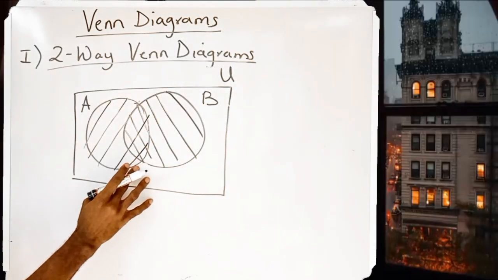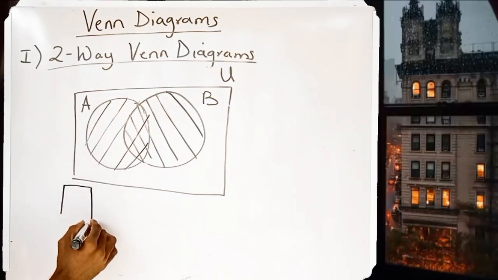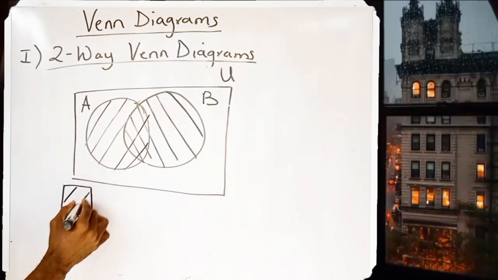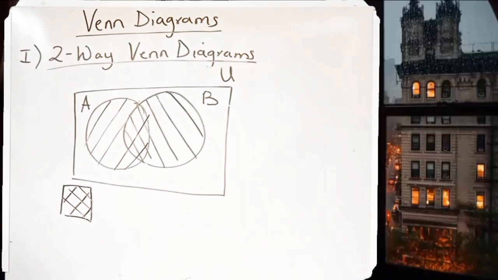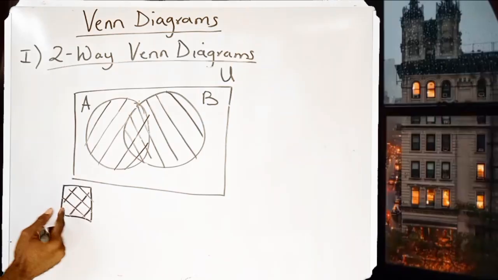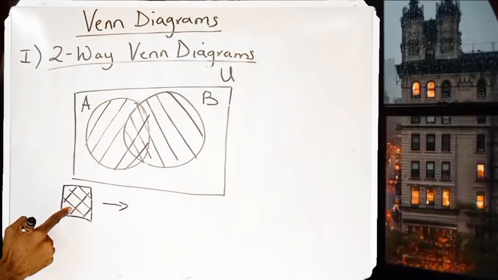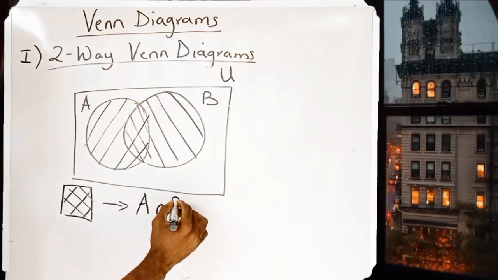You will observe something: the place where the crosses happen is in the intersect zone. So this portion is going to be called A intersect B.